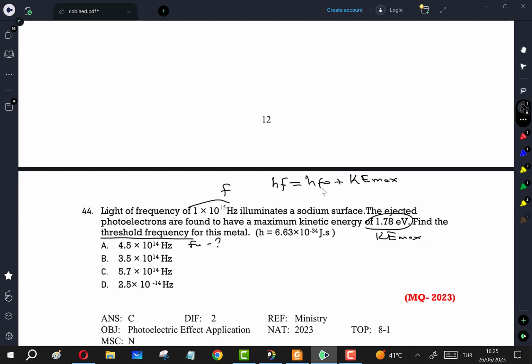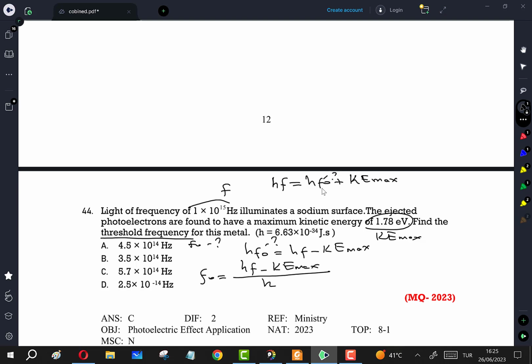I'm going to use f0, so I have to move the maximum kinetic energy to the other side: hf minus kinetic energy maximum. Because f0 is the question, if I divide both sides by h, I will find (hf minus kinetic energy maximum) divided by h.